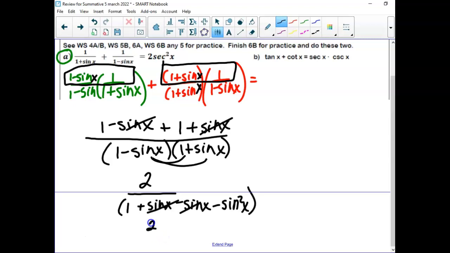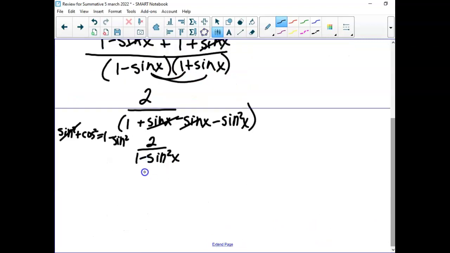Yep, it's 2 over 1 minus sine squared. Okay, then what is a 1 minus sine squared? Well, we had an identity that said sine squared plus cosine squared equals 1. If we subtract the sine squared over here, 1 minus sine squared is a cosine squared.